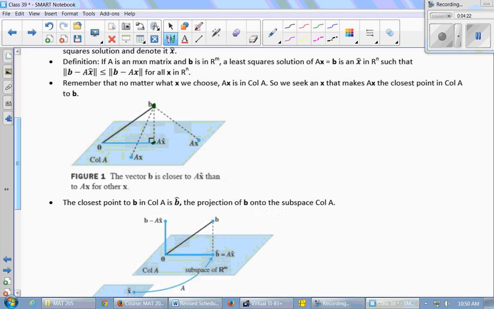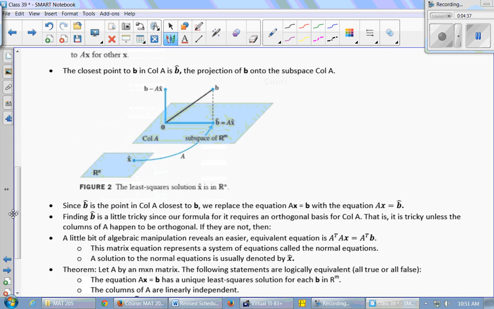The closest point to b in Col A is called b hat. It's the projection of b onto the subspace Col A. So this is what we talked about last class, how to find the closest point to a subspace.